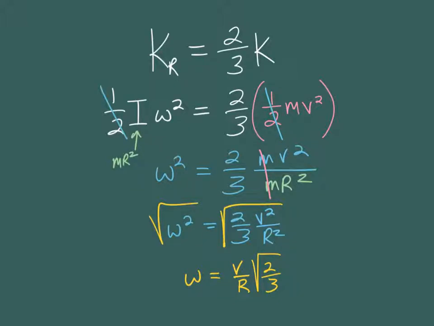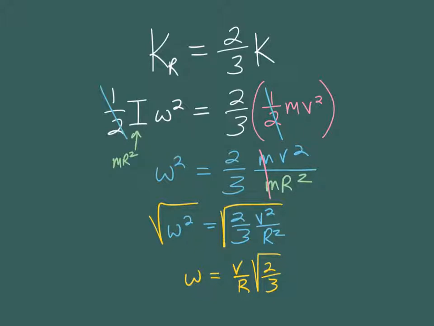this sort of meets our expectation, or at least it should. If I want to know the angular speed of something and there's some sort of relation to the linear speed, then it's just going to be a factor of v equals omega r, or in this case omega is v over r. And if the rotational energy was 2/3 of the kinetic energy, it's unsurprising that the rotational speed is going to be some factor of what it otherwise would be.